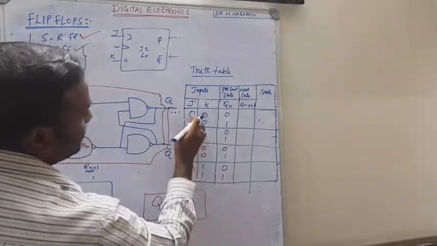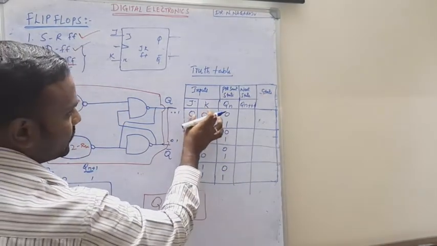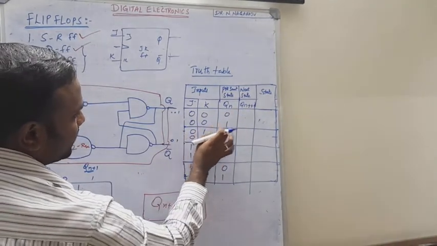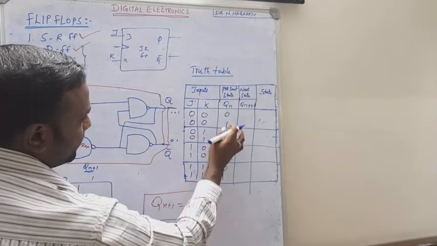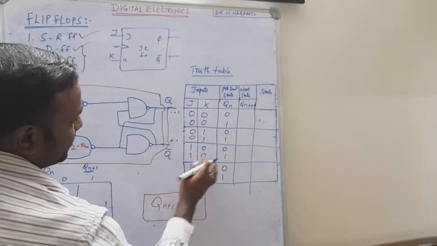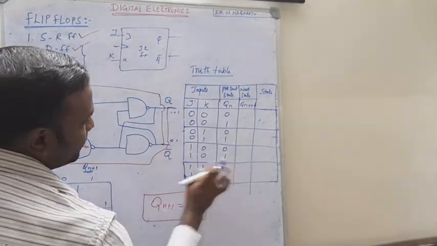Okay, these are the combinations: 0 0, 0 1, 1 0, 1 1. For each combination, there are two excitations from the present state.